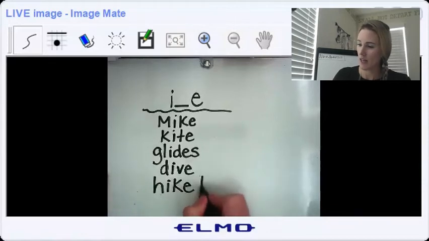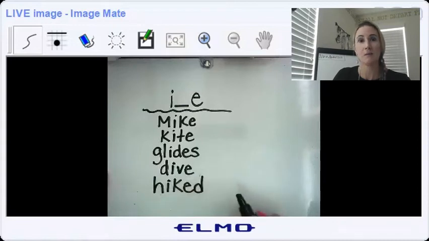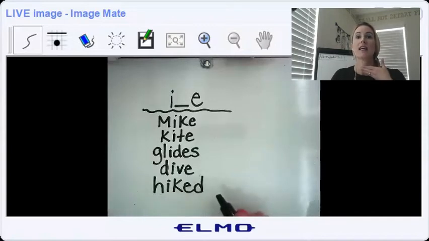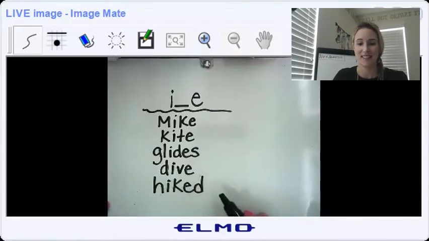This time, instead of an S, I'm going to add the D, meaning this has already happened. It's a past tense verb, hiked. Notice that the letter is D, the ED ending, but it's going to sound like a T because of the K and the T. Those are unvoiced sounds, so we pronounce the ED on this word as a T, hiked.